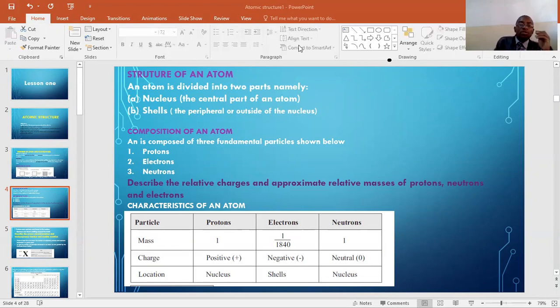So the three fundamental particles of an atom, we have what is known as a proton, we have what is known as electrons, we have what is known as neutrons. I normally use the acronym PEN, just for you to remember quickly.